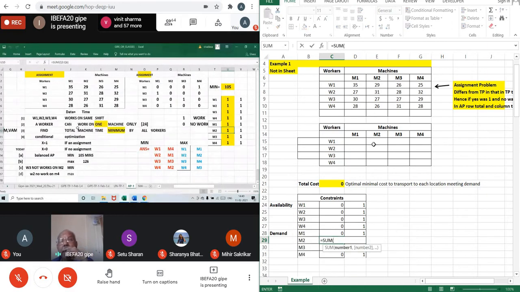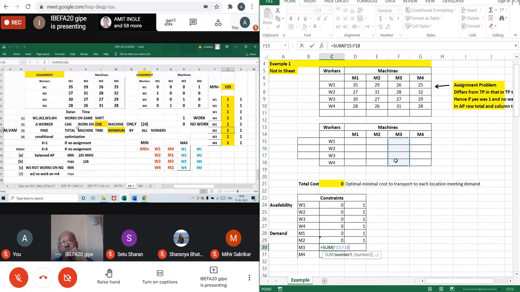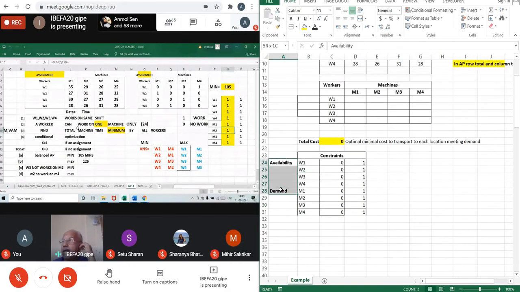How many minutes do they take? How much total time will it take to complete 4 tasks? 105. So within 105 minutes, 4 of them complete 4 units.